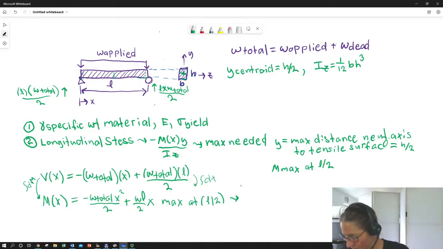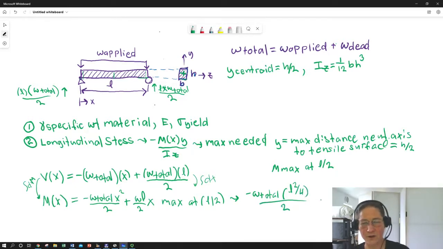If not, we'll just work that right on out. So we'll have total distributed load times L squared over 4, divided by 2, minus total distributed load times L, which is L over 2, divided by 2.